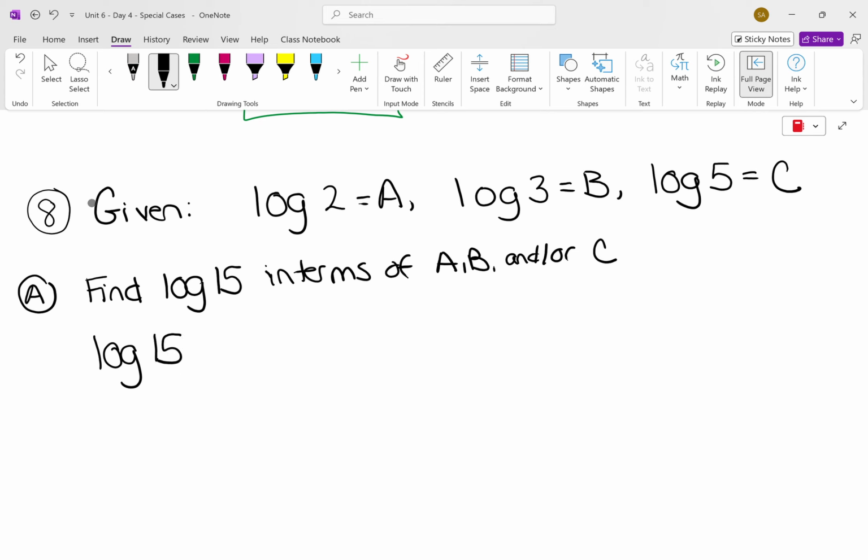Okay, so what does this mean? I have log 15. Well, I know log 2 is A, log 3 is B, log 5 is C. Log 15 is not A, B, or C. But can I change 15 into 3 times 5?